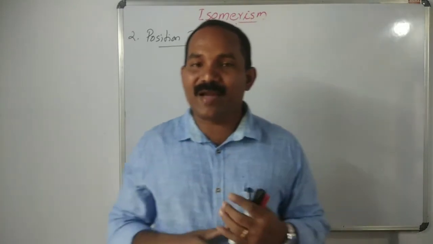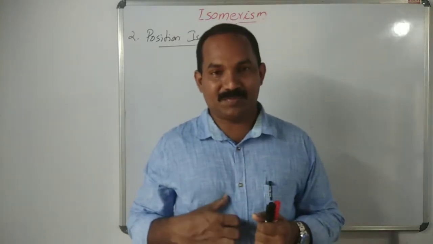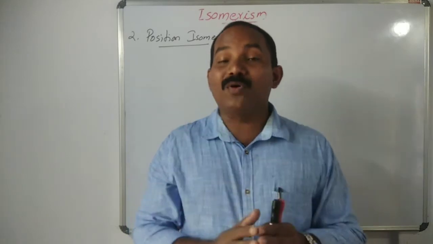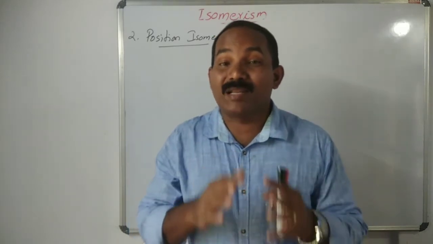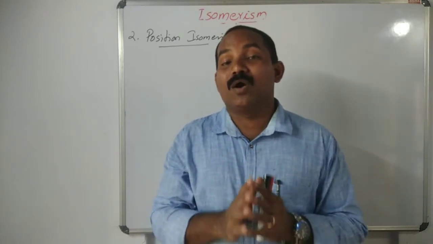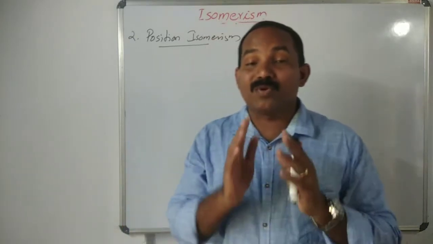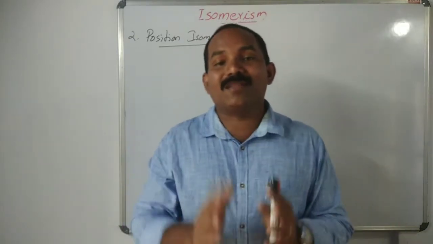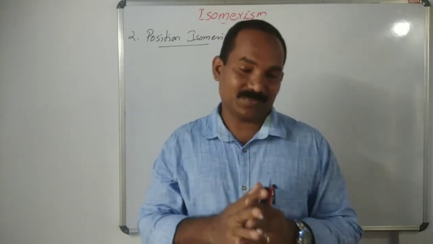So we can define position isomerism. Compounds have same molecular formula, but different position of functional group or a substituent or multiple bonds are called position isomers, and the phenomenon is called position isomerism.